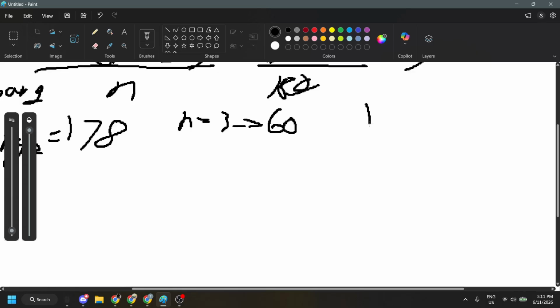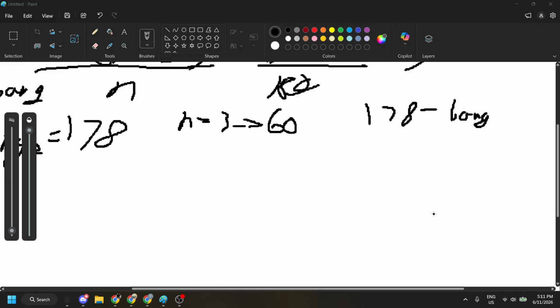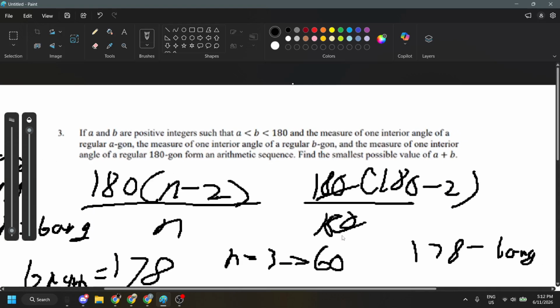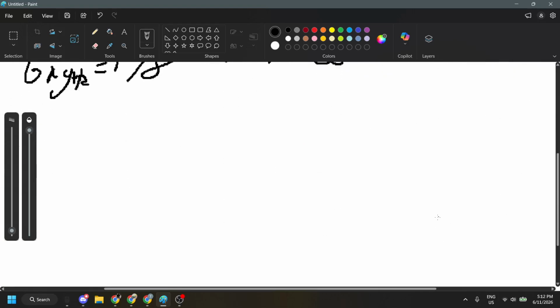We need 178 minus b angle equals 60, so 178 minus b angle is 128. 128 is, I don't know. What I'm concerned about, I don't know.